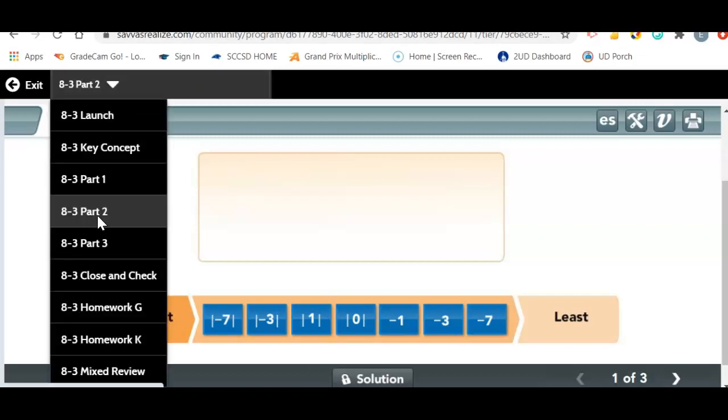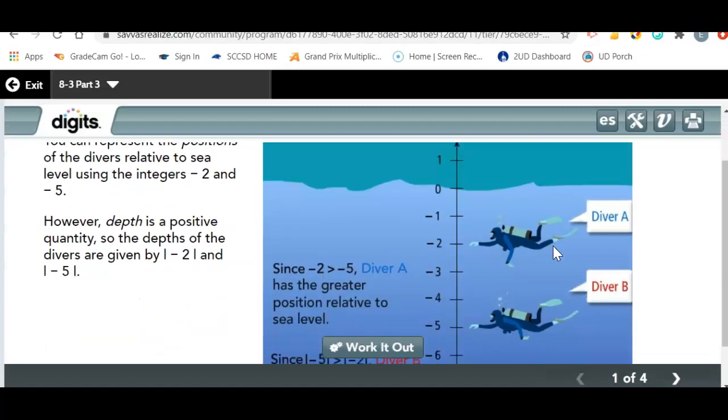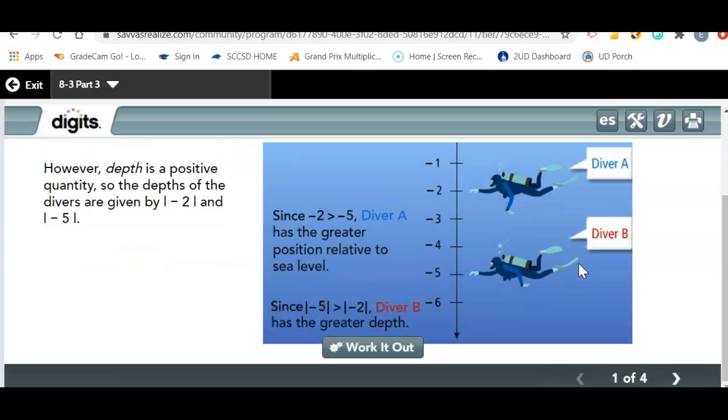Okay, one more thing I want to go over before we leave. This is not on your guided notes. There is a difference between finding the largest integer and finding the absolute value. Please do not pack up yet. Please listen to this. Driver A is at what number on the number line?